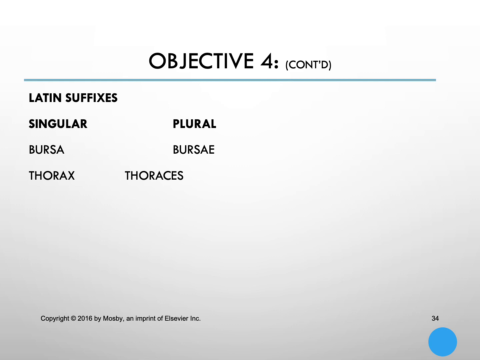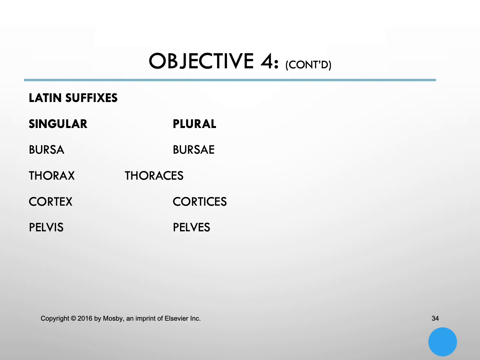Thorax, we're talking about the chest cavity, right? But if we're talking about more than one thorax, we would say thoraces. What about cortex? Okay, cortex, when we change it to the plural form, becomes cortices.